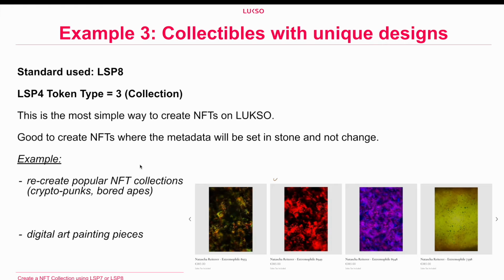And this is useful especially when you want to create an NFT where the metadata is going to be set in stone. It's not going to change. You create the NFT, you set its metadata, and the metadata is set. A relatable example from the real world again is a painting or digital art.